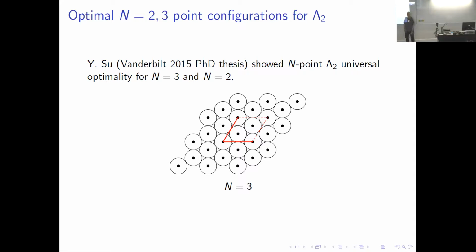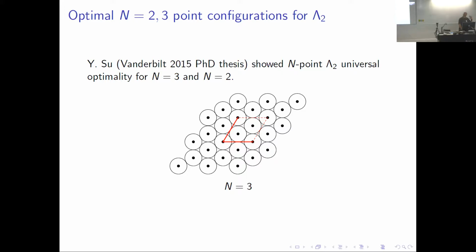For 3, if you rotate the A2 lattice by pi over 6, and scale by √3, or you take the sublattice generated by these 2 points, then you get a 3 periodic configuration. So you can move these guys anywhere, and you only increase the energy. This must be known by other people, but it was a non-trivial proof as far as we can tell.